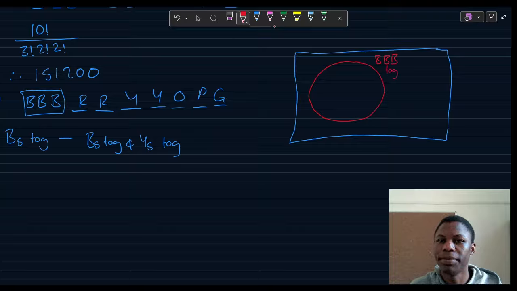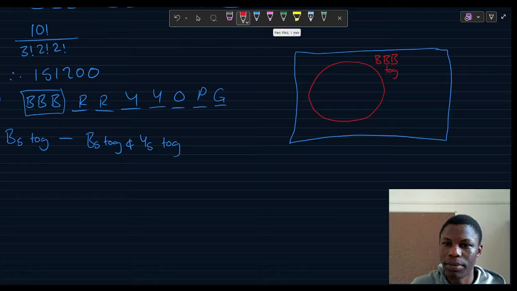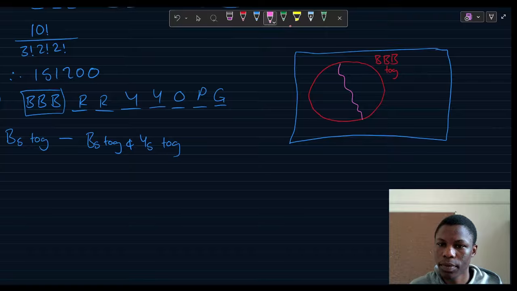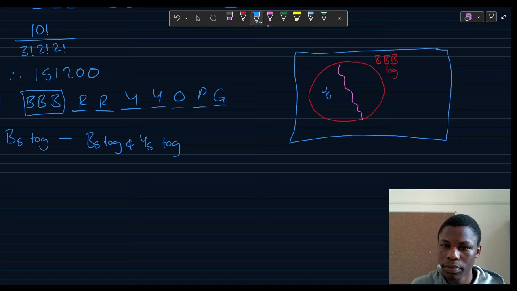These are all the arrangements in which the three blue books are together. Of those arrangements, some of them are going to have the Y's together, and some of them are going to have the Y's not together.